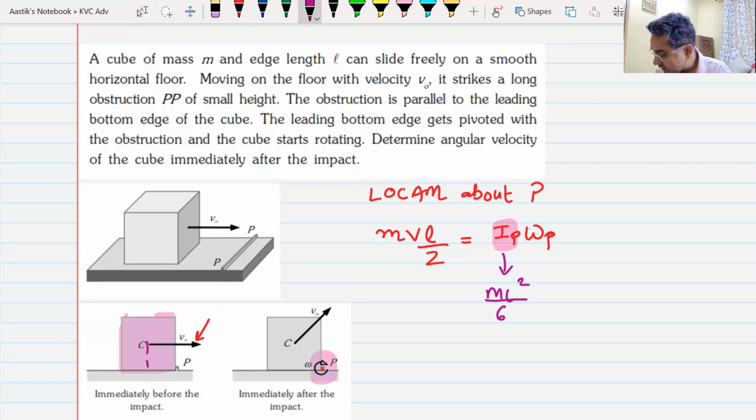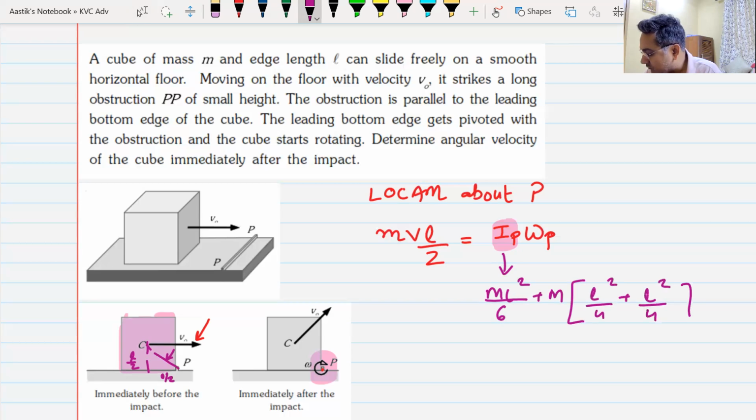Then about this axis, what you have to find out is the length of this line. This is L by 2, this is L by 2. So plus m into the square of this length. So it will be L square by 4 plus L square by 4. This is the hypotenuse. Yes or no? Yes, sir. Into omega.